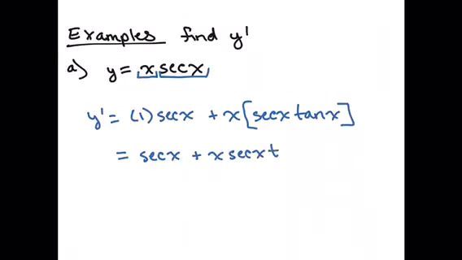So my final answer is actually just secant x plus x times secant x tangent x. There are no like terms to combine, so that is my final simplified answer.